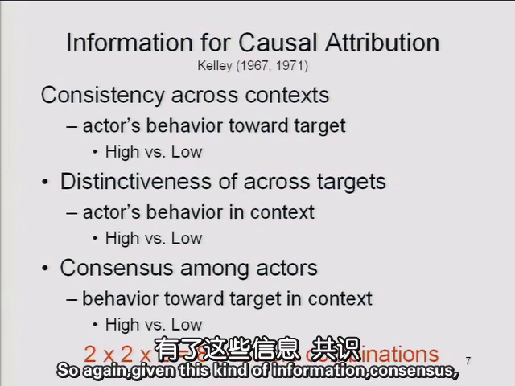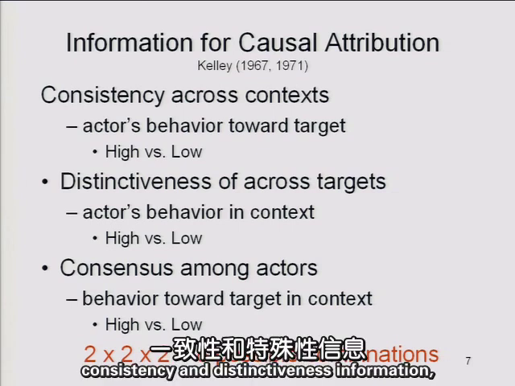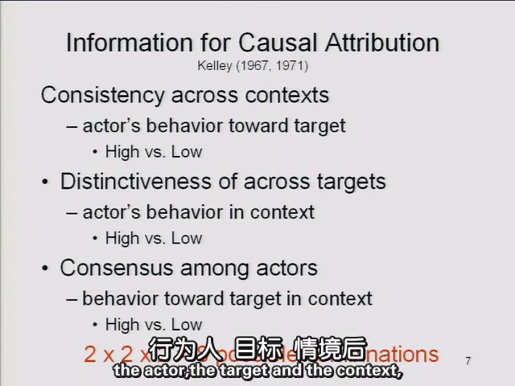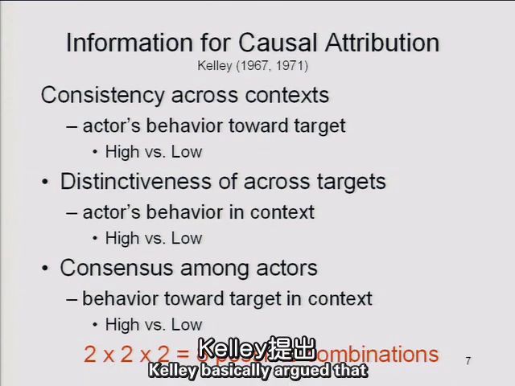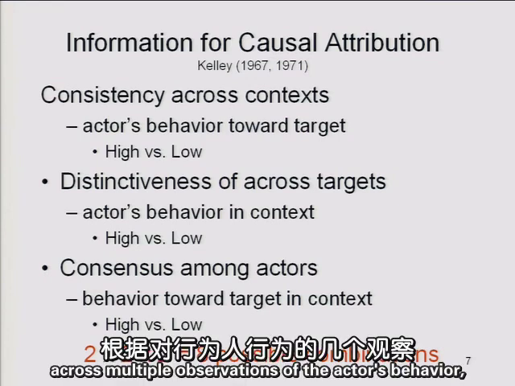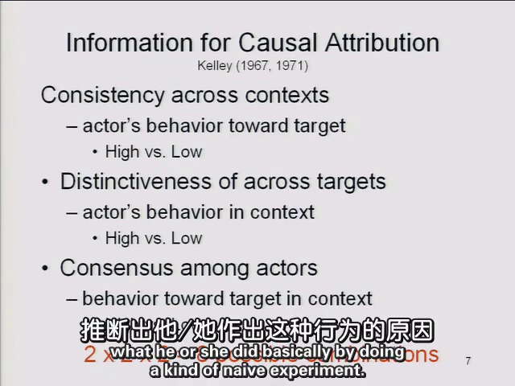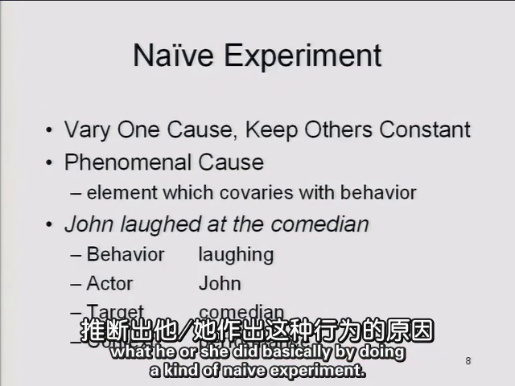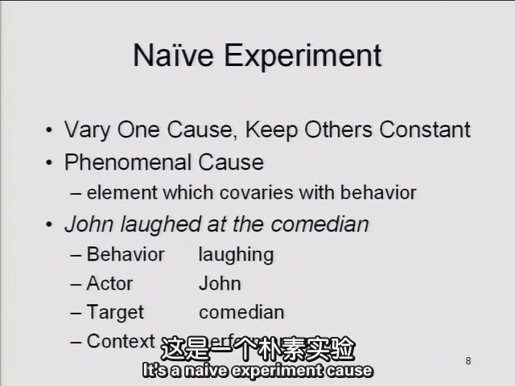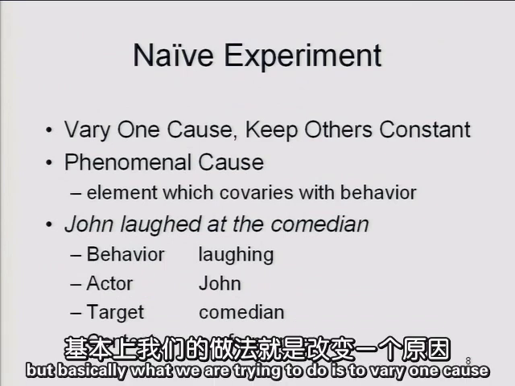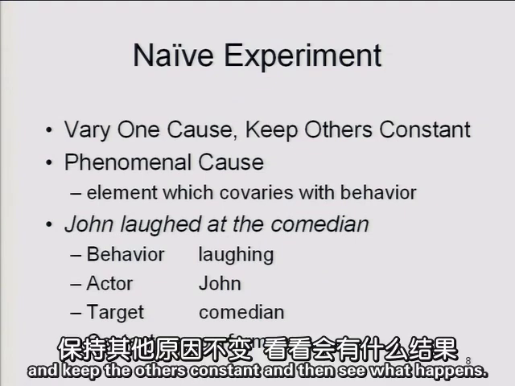So again, given this kind of information, consensus, consistency, and distinctiveness information, and a relatively small set of possible causes, the actor, the target, and the context, Kelly basically argued that across multiple observations of the actor's behavior, you can then infer why he or she did what he or she did, basically by doing a kind of naive experiment. It's a naive experiment because it's not being done by professional psychologists, but basically what we try to do is to vary one cause and keep the others constant, okay, and then see what happens.